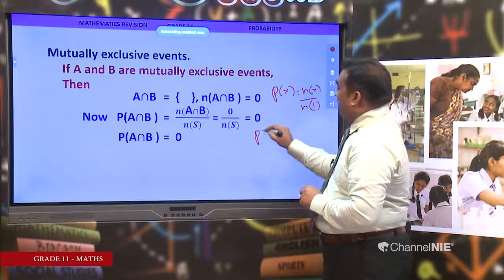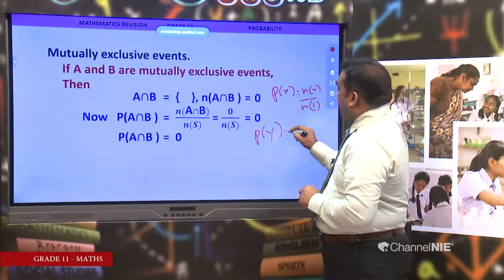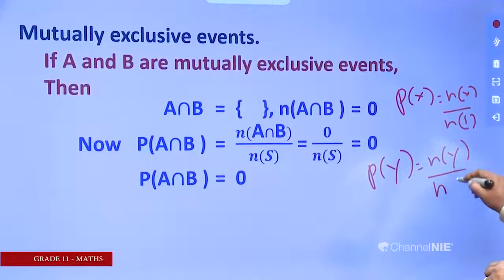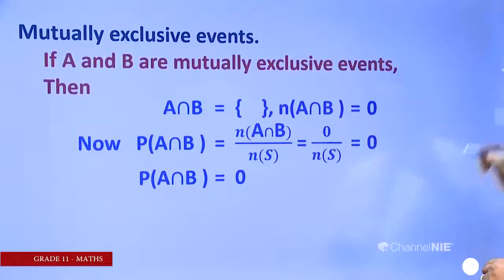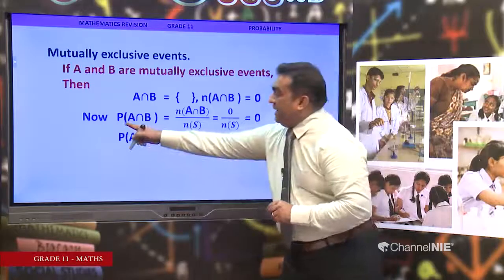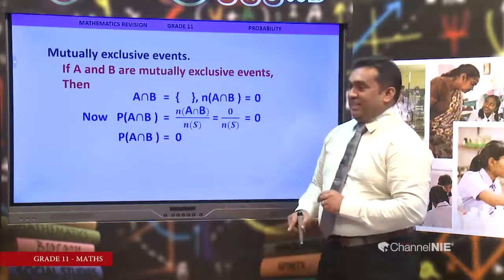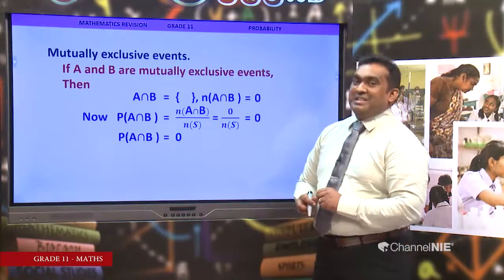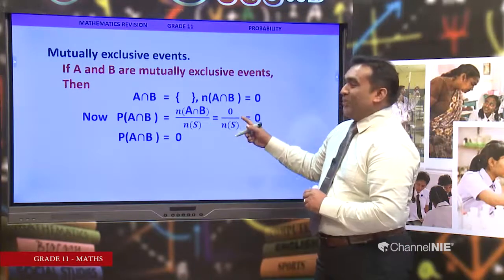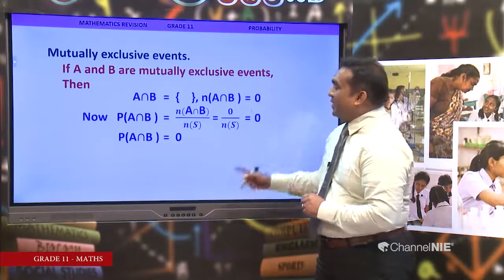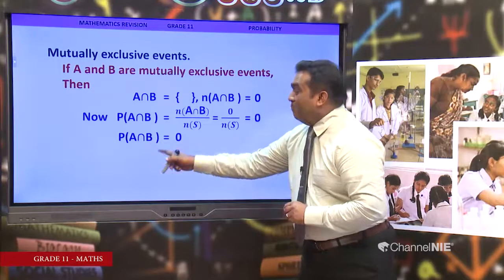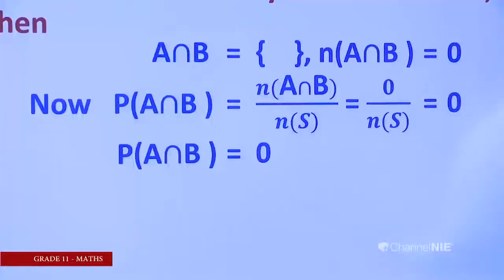If you have P(y), how to define it? N(y) over N(S). Likewise here, P(A intersection B) is equal to N(A intersection B) over N(S). 0 over N(S) is equal to 0. Therefore, the probability of A and B is equal to 0.